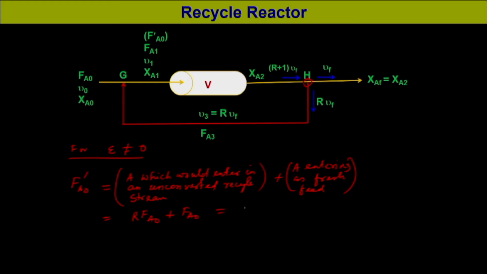So, this would be equal to R plus 1 F A naught, and x A 1 is equal to 1 minus C A 1 by C A naught divided by 1 plus epsilon A C A 1 by C A naught.